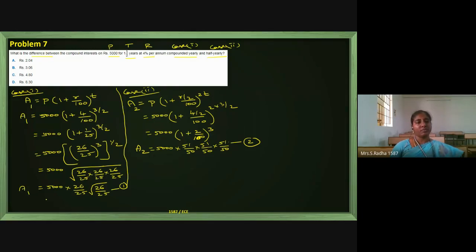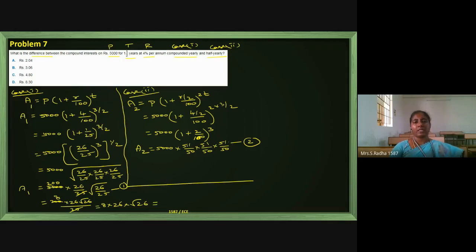So what I will do, 25 ones are 25, 25 twos are 50 and 2 zeros are there. And here I have 200 into 26 root 26 divided by 25, so 25 eights are 200. So 8 into 26 into square root 26. The final answer of case 1 I will calculate.